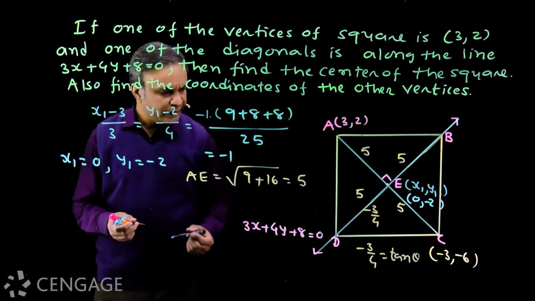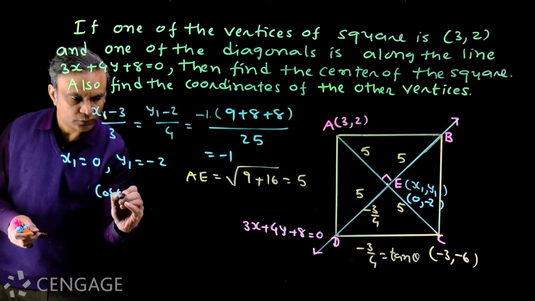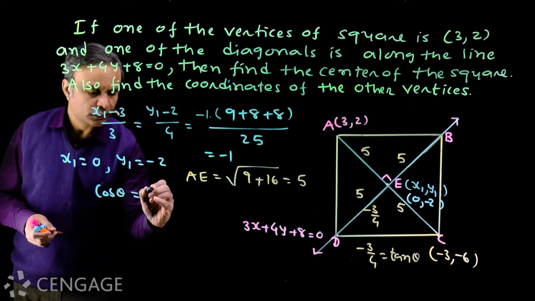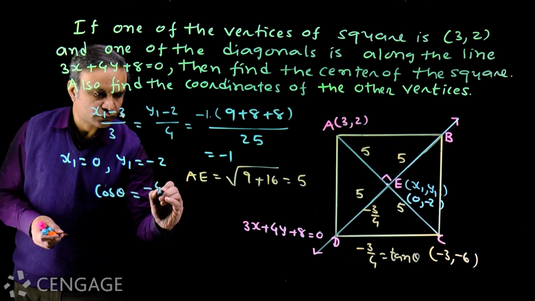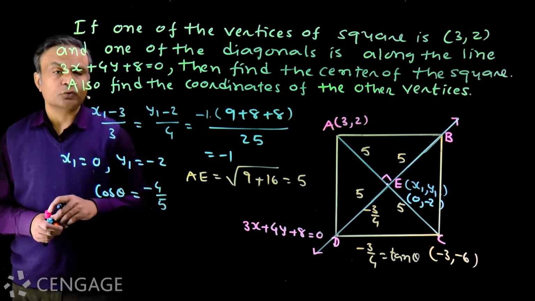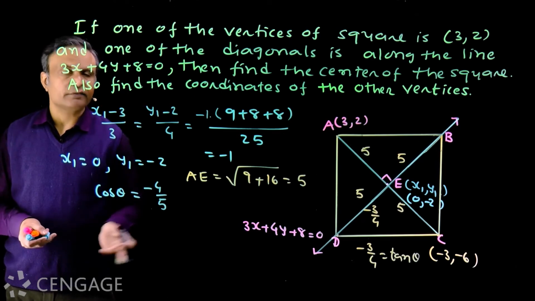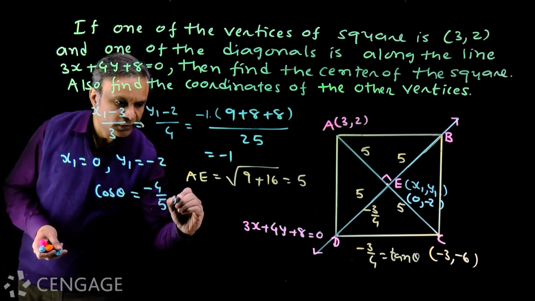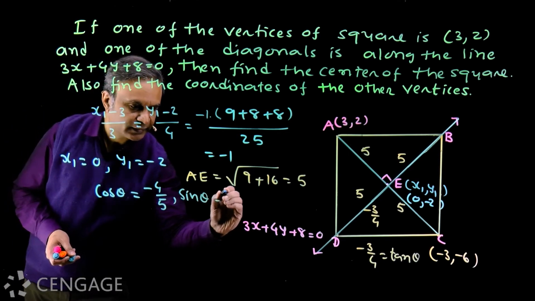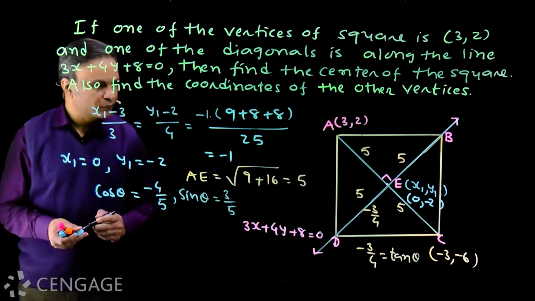So we get the value of cos theta as -4/5. We know that when slope is negative, cos theta is negative and sin theta is positive. And the value of sin theta is 3/5.